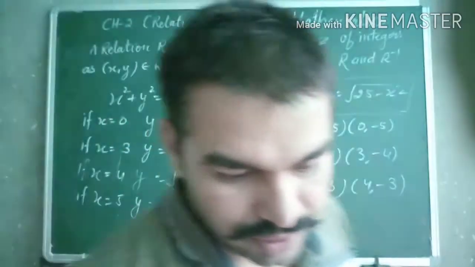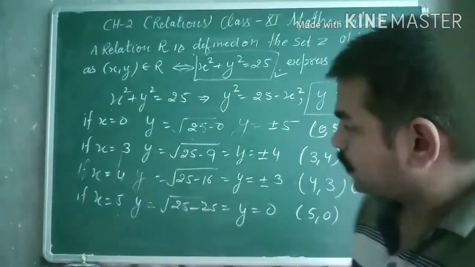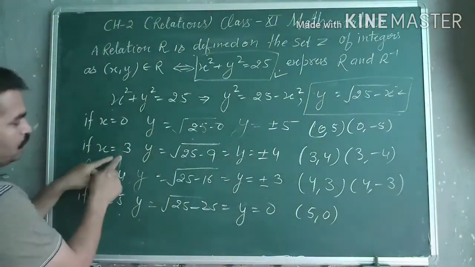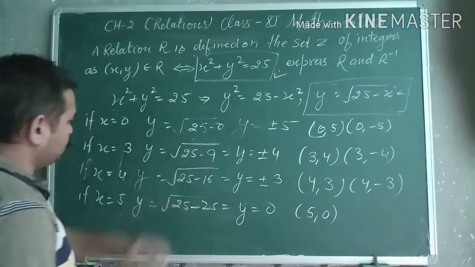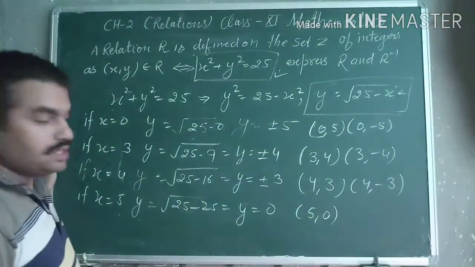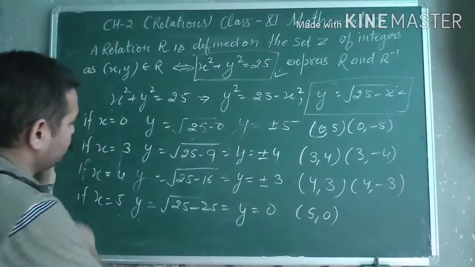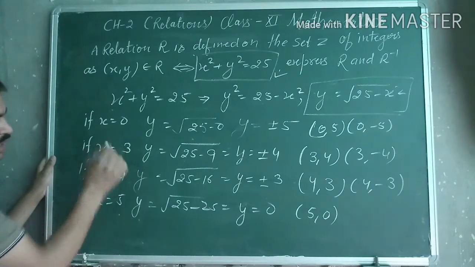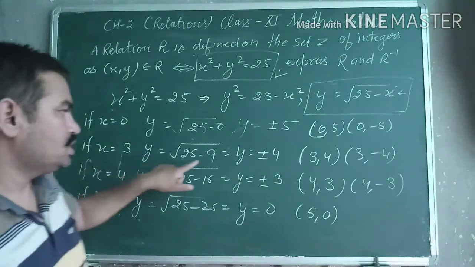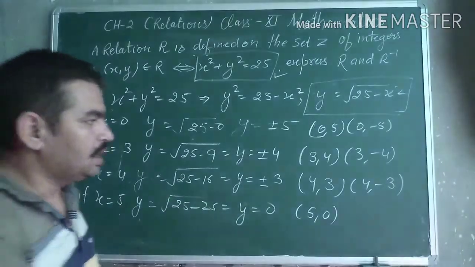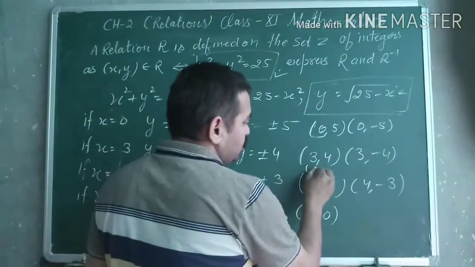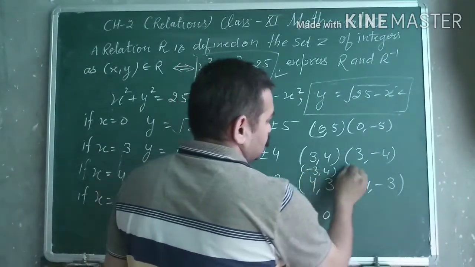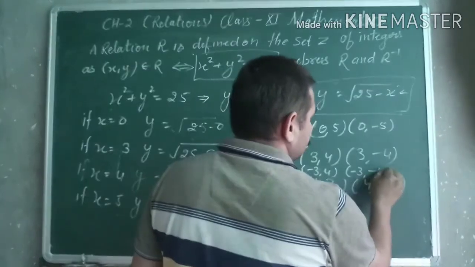If you take the negative values of x, these are the positive values' counterparts. Try to understand this. If x is minus 3, then this equation also holds, and the other ordered pairs are (-3, 4) and (-3, -4).